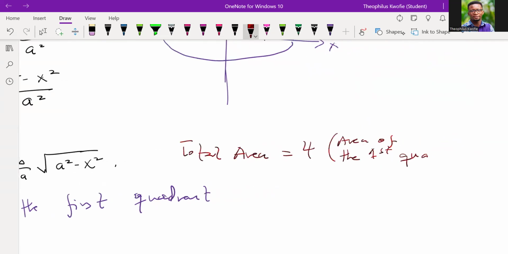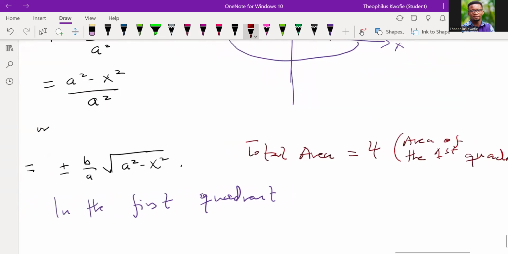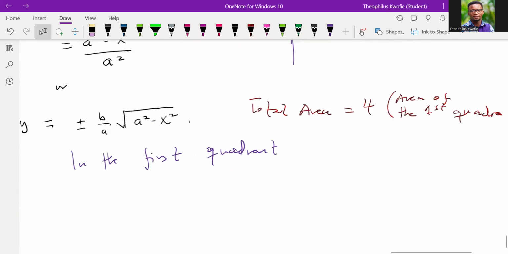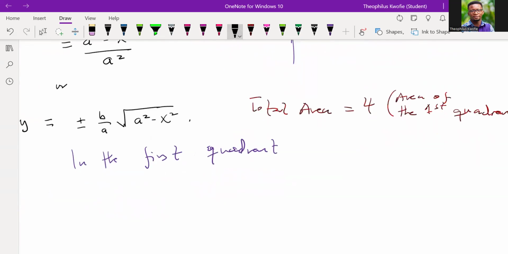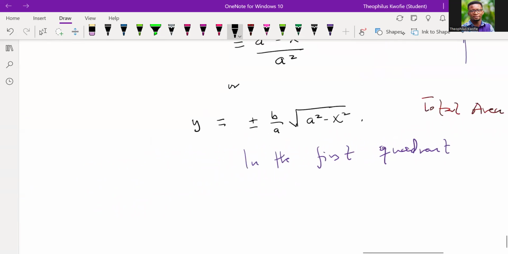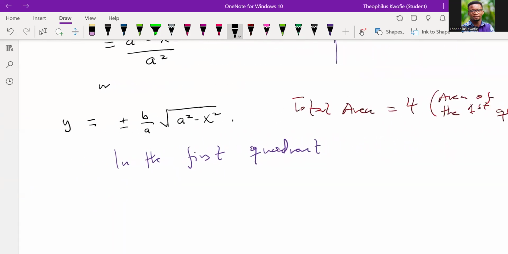So let's take note of that. Since we are in the first quadrant, the solution now becomes y equals b over a root of, let me just take my time to write it well.